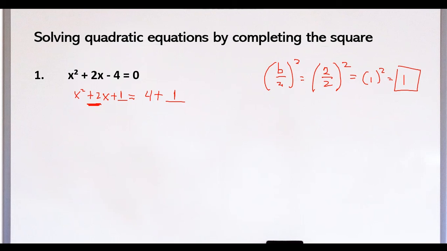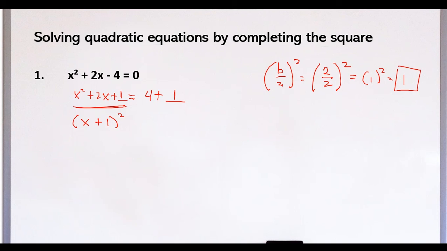Okay, the next thing you will do is to transform this perfect square trinomial. Actually, this is a perfect square trinomial, x squared plus 2x plus 1. We need to transform this into a square of a binomial. So we're going to have here x plus 1, squared.